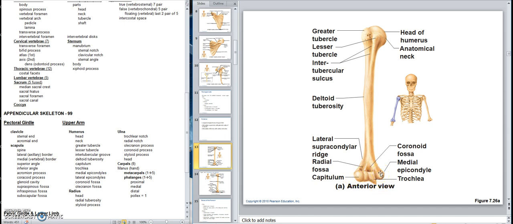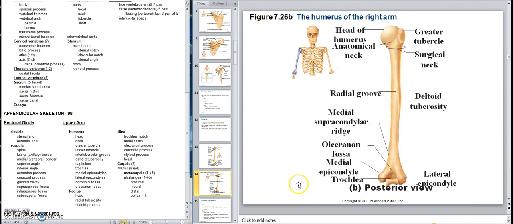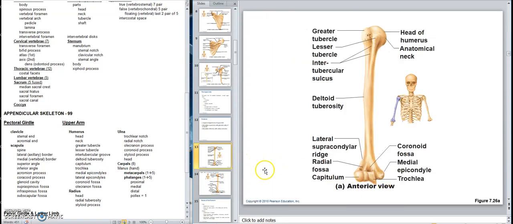Medial epicondyle, lateral. Let's go to this one. See, that's that lateral epicondyle on the lateral side. Coronoid fossa and olecranon fossa. Okay. Right here is the olecranon fossa. That's right there. I'm going to go to the anterior view to show you the coronoid fossa, which is right here. These fossas are going to be important for the radius and ulna down there.